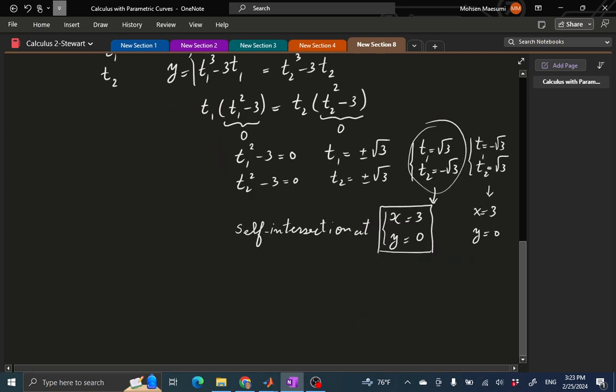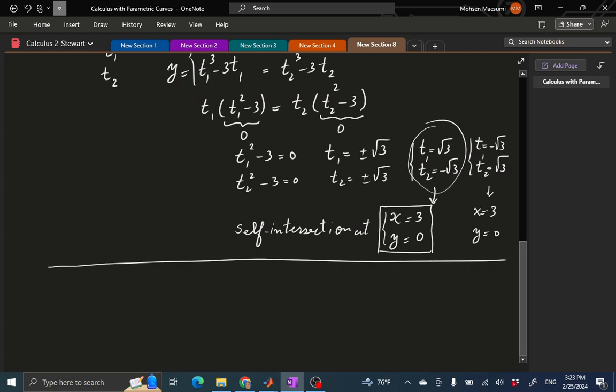Item 2: in what manner does this curve intersect itself? One primary interest could be to find the tangent lines at the self-intersection. What are we referring to?